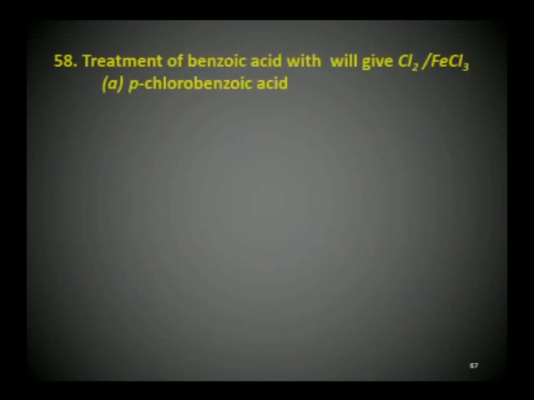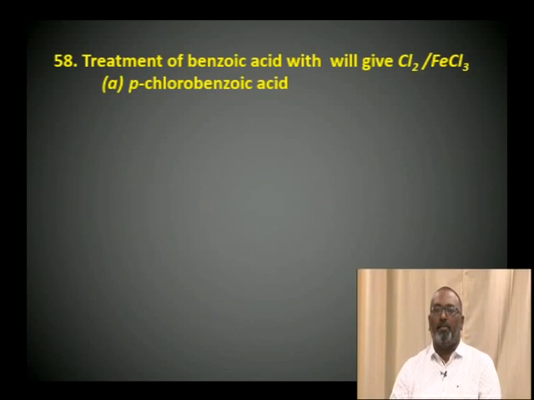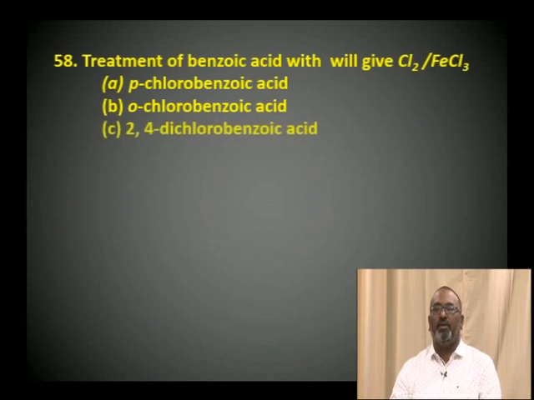Question number 59. The treatment of benzoic acid with chlorine and FeCl3 gives: para-chlorobenzoic acid, ortho-chlorobenzoic acid, 2,4-dichlorobenzoic acid or meta-chlorobenzoic acid.